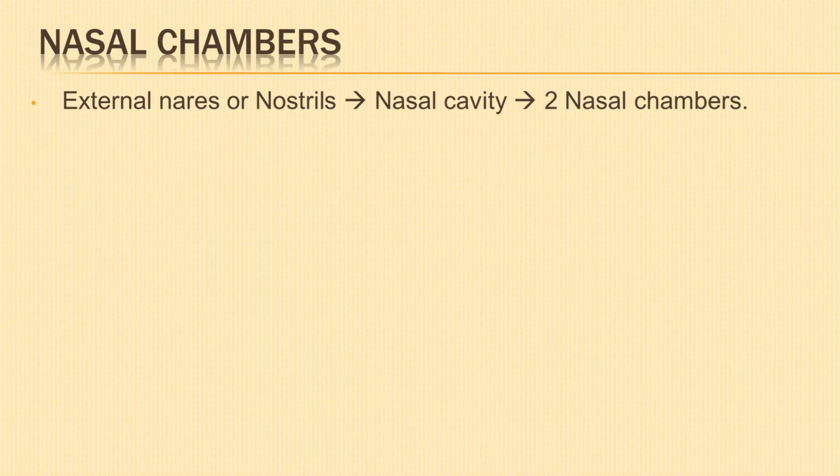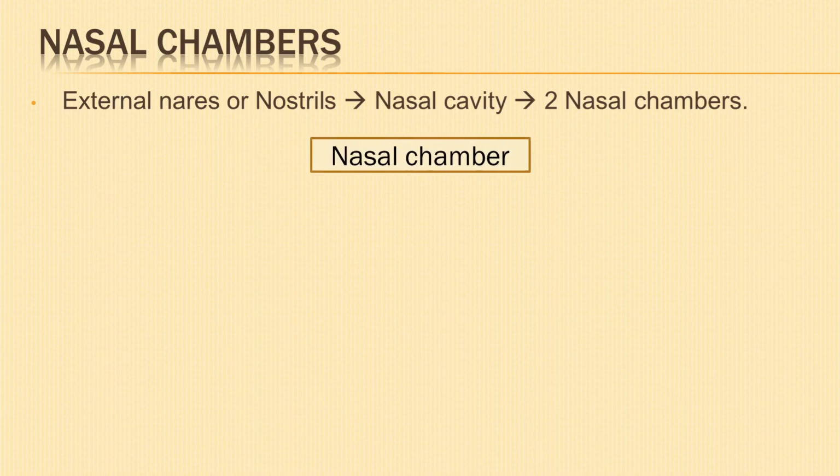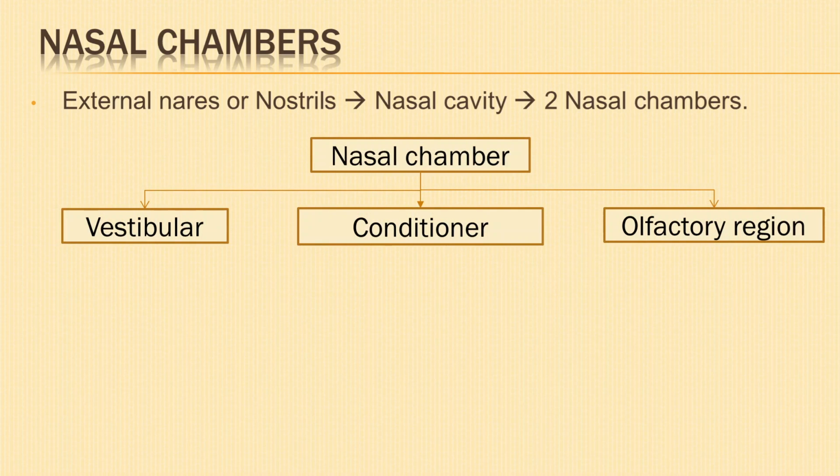Nasal cavity communicates with the outside by a pair of nostrils or external nares. Internally, it is divided into two nasal chambers by a median partition known as nasal septum. Each nasal chamber has three parts: vestibular, conditioner, and olfactory region.